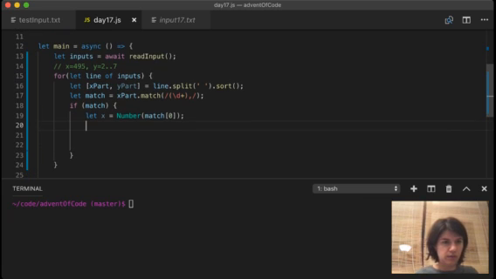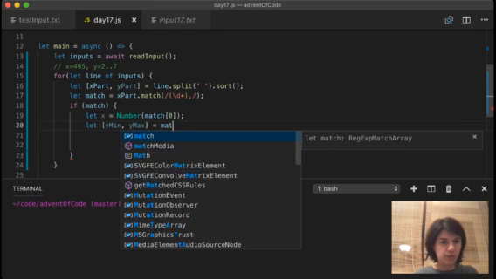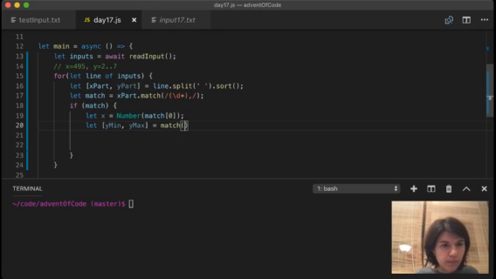And for the y parts, I want to do let y min, y max is equal to, we want to match, let's just call this m, and then we want to match for the d's with the dot dot. Okay, so we want multiple d's here and multiple d's there.